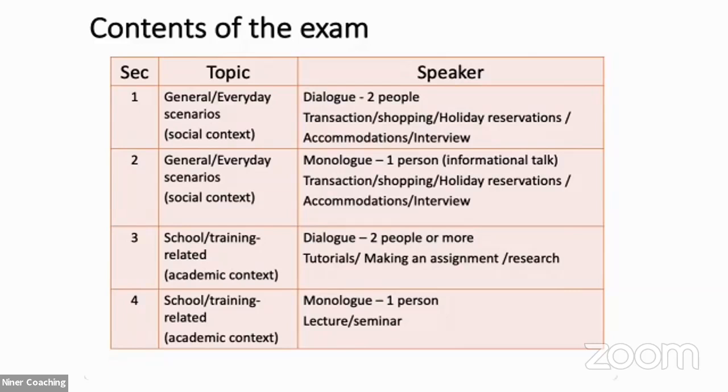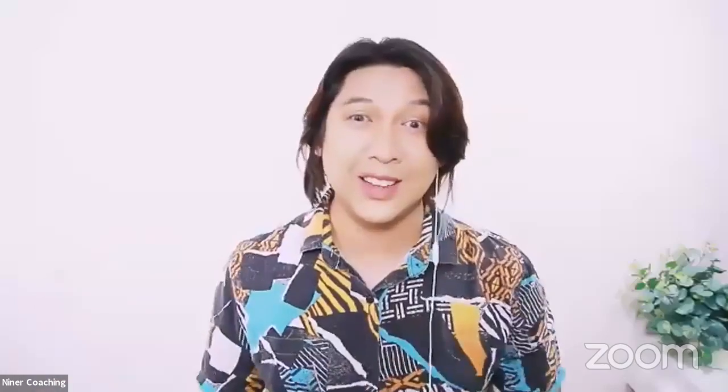It can be a transaction or a shopping activity or making a holiday reservation or booking an accommodation or perhaps having an interview. These are the kinds of things that you will encounter when you are already abroad living in an English speaking nation on a day-to-day basis. That's why it's called social in context, right?